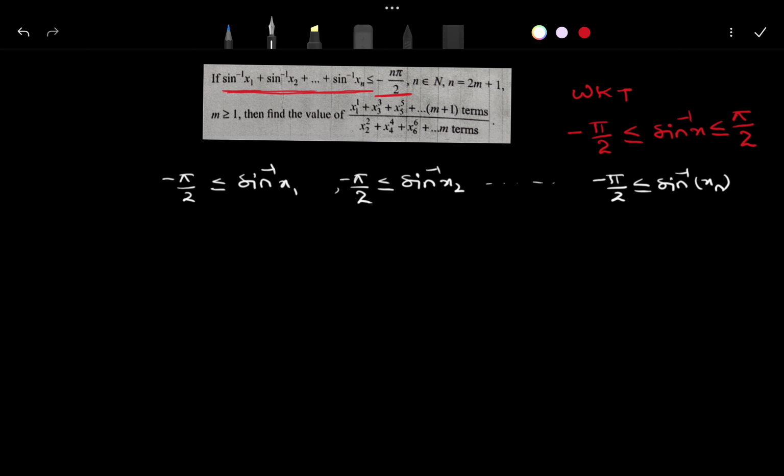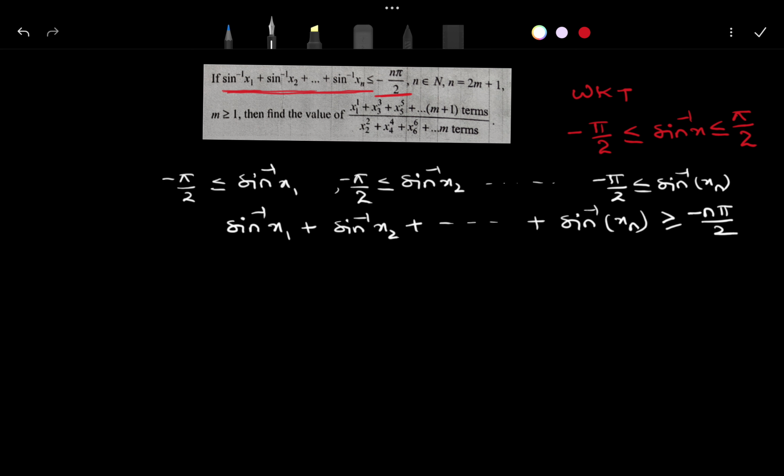Now adding all this, you will get that sine inverse of x1 plus sine inverse of x2 plus and so on plus sine inverse of xn is always greater than or equal to, how many terms are there here? n terms are there. So minus n into pi by 2.